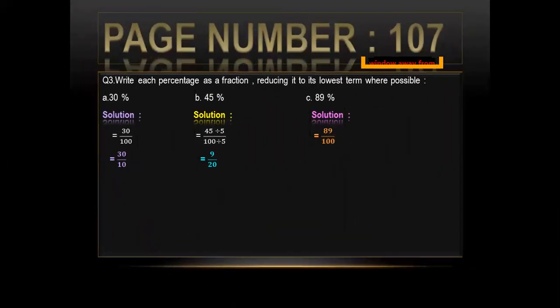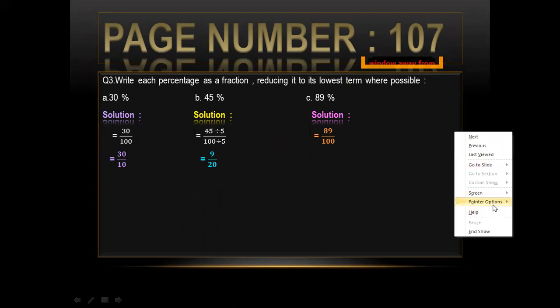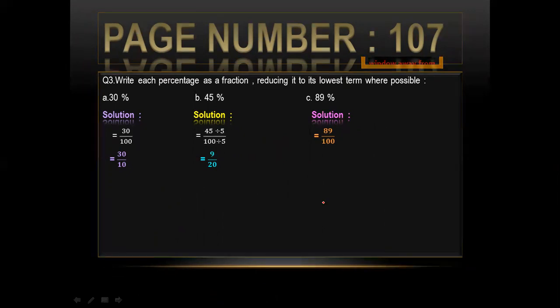Question number 3. Write each percentage as a fraction. Now percentage is given and first we write it in the fraction form, then reduce it to its lowest terms where possible, and after the cancellation you will write it in the simplest form.